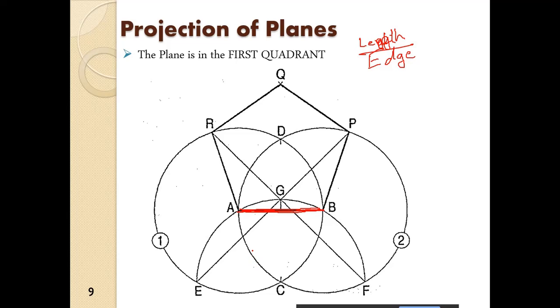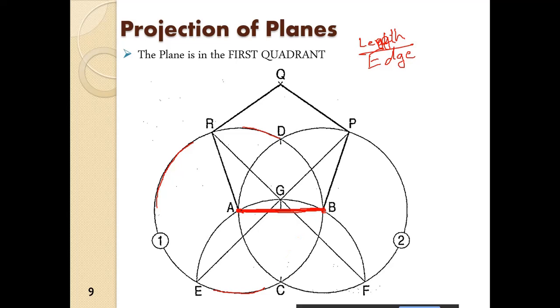Then we take A as the center and AB as the radius, sorry, radius, not diameter. We draw this circle. So this circle is drawn. Right? A as the center and AB as the radius.